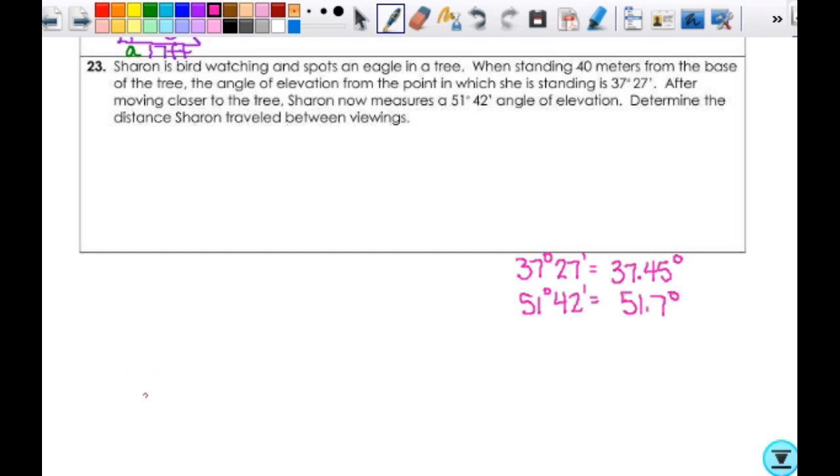Okay, so now I'm going to draw up my picture. Sharon is bird watching. She spots an eagle in a tree. So there's my tree. So the eagle's up there somewhere.